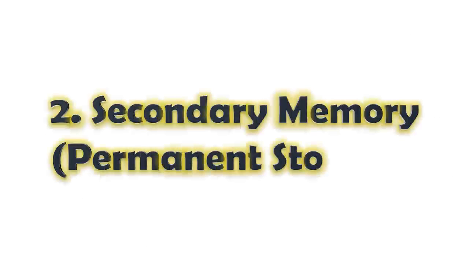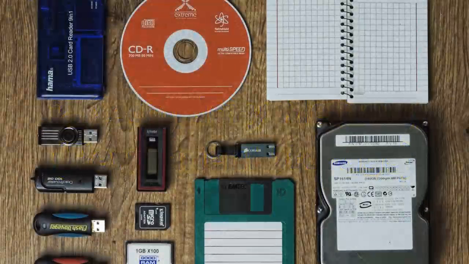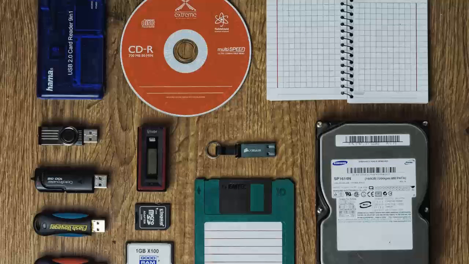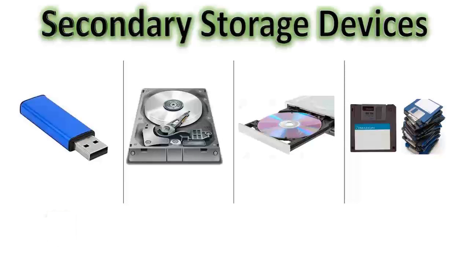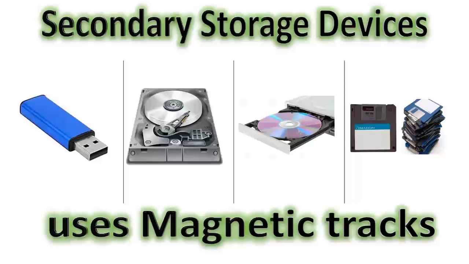That is the reason we need secondary memory, the permanent storage like hard disks, CD-ROMs, tapes, pen drives, etc. All these devices store data permanently irrespective of whether the power is switched on or not, whether it is connected to the computer or not.